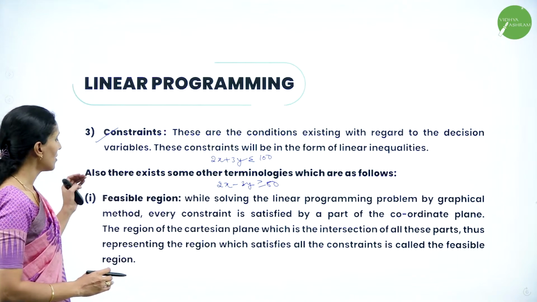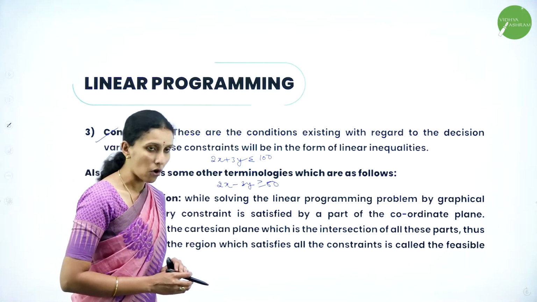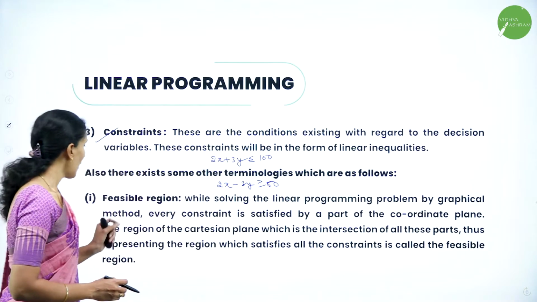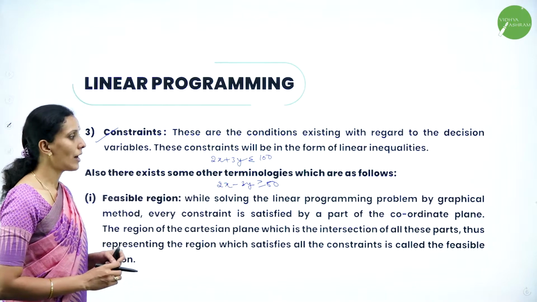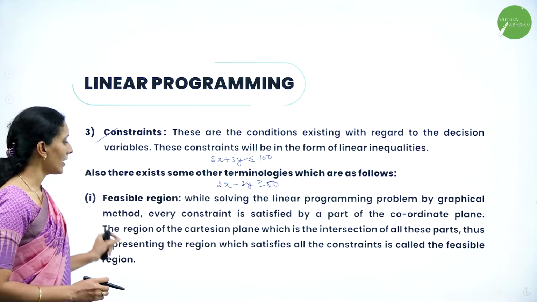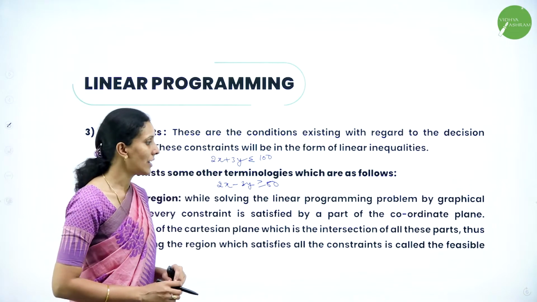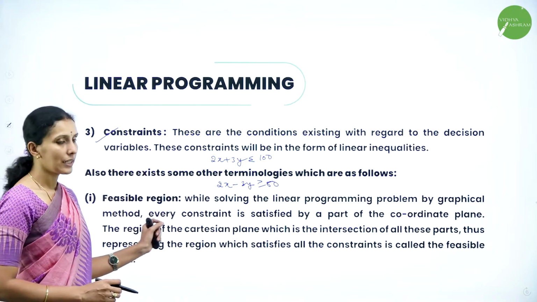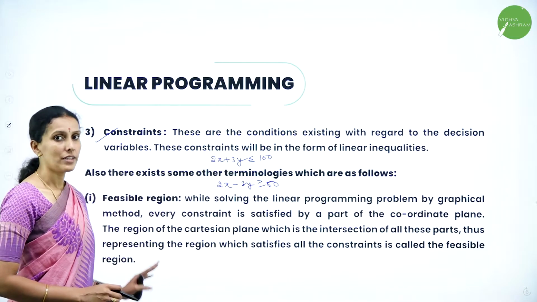While solving the linear programming problem by the graphical method, every constraint is satisfied by a part of the coordinate plane. The region of the Cartesian plane which is the intersection of all these parts, thus representing the region which satisfies all the constraints, is called the feasible region.